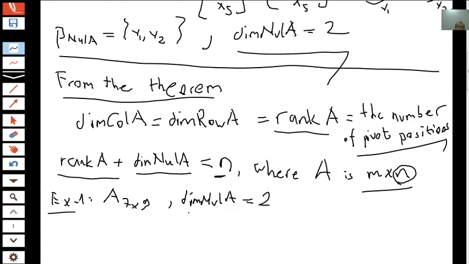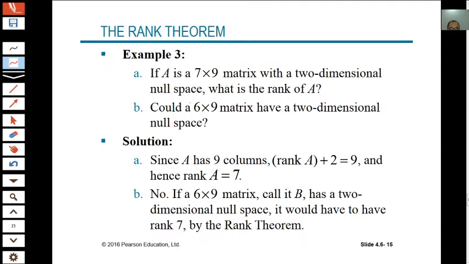So what can we find using this information? We can find the rank of the matrix A. And what is the question? Let's see. What is the rank of A?